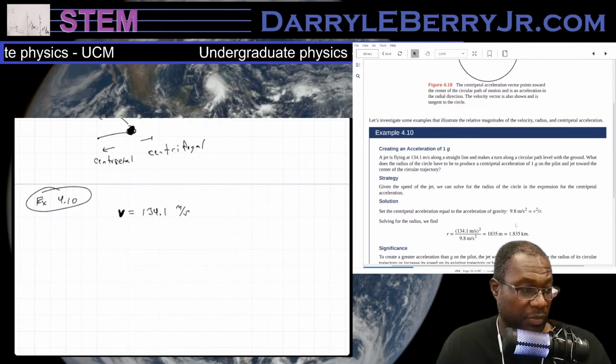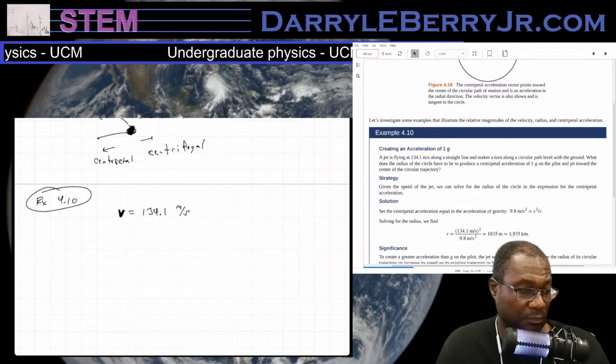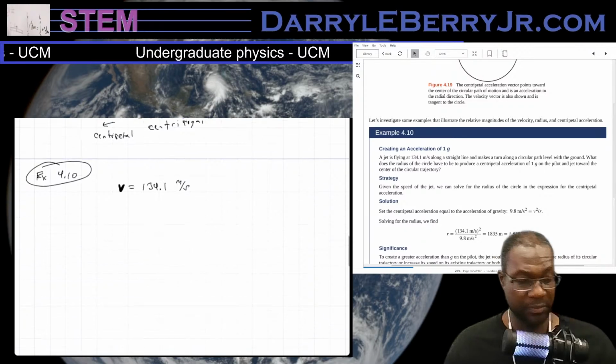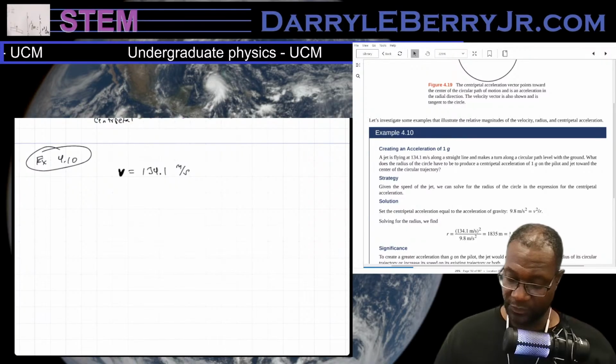What does the radius of the circle have to be to produce a centripetal acceleration of 1g on the pilot and jet towards the center of the circular trajectory? The centripetal acceleration equal to gravity.